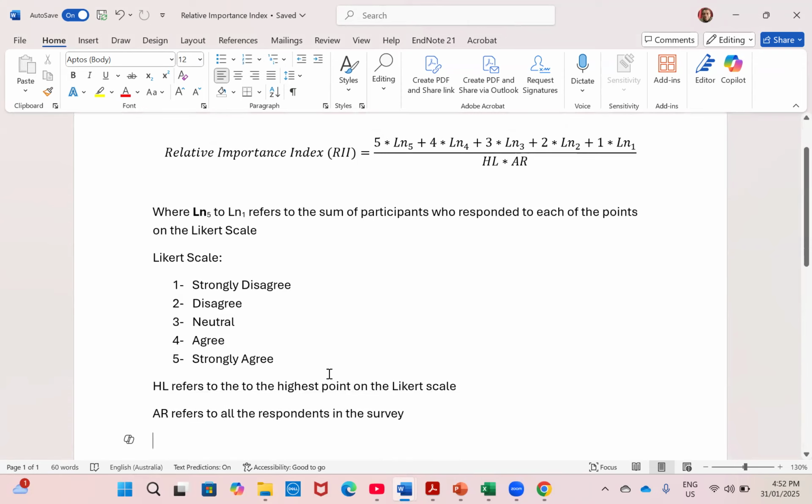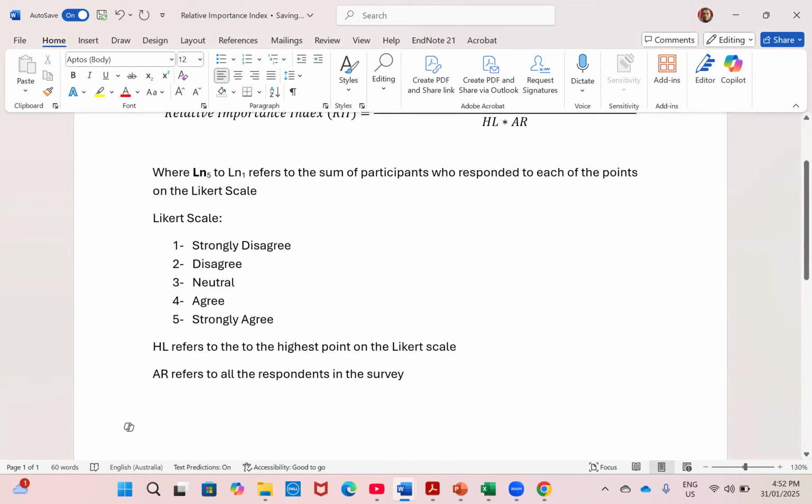Already we have the relative importance index, which in this context will represent the importance index. To get a severity index, very simple. All that you have to do is multiply the frequency index by the importance index, which is up there.